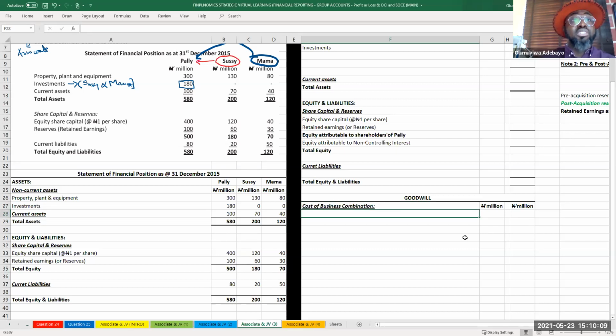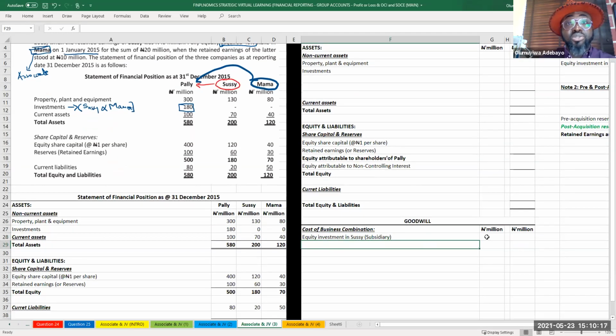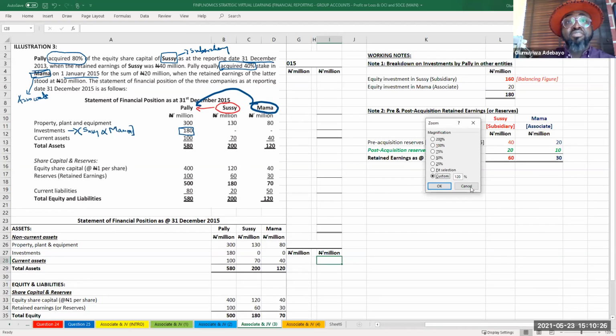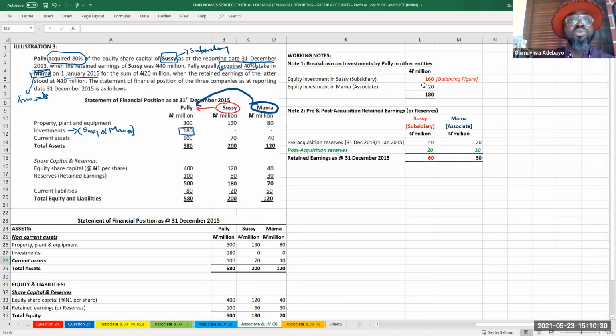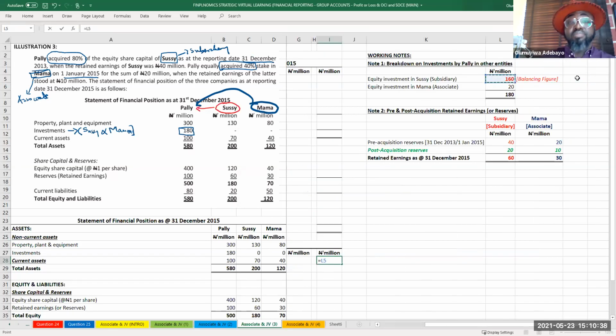We have equity investments. If you remember, equity investment in Susie, how much was it? If you remember, we have analyzed it. And from the information here, it is 160. Therefore, what will I do? I'll link that to my 160.